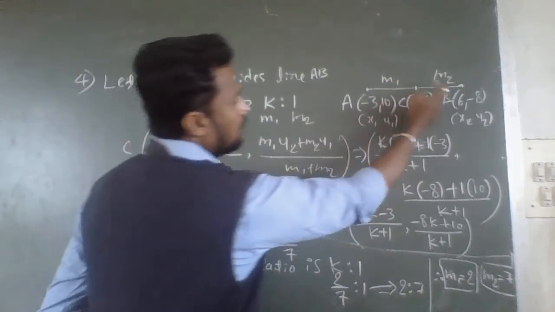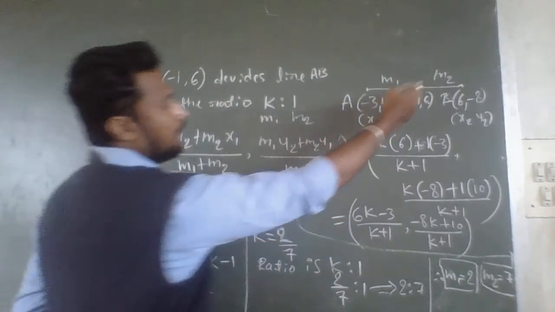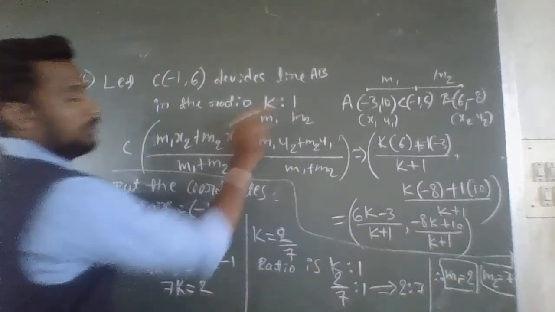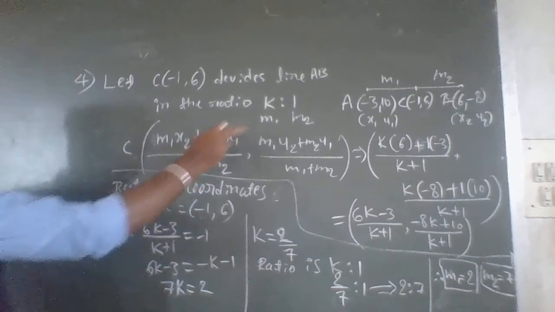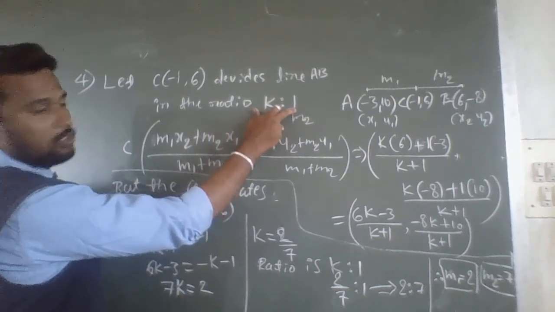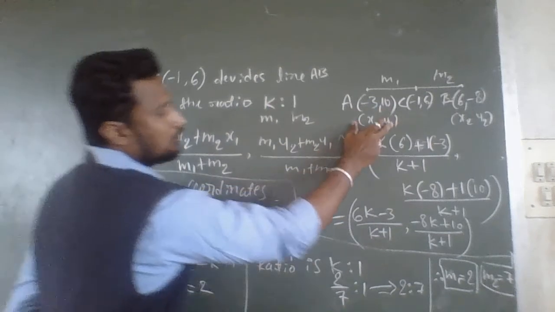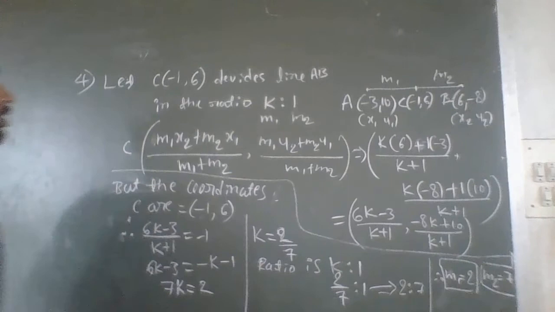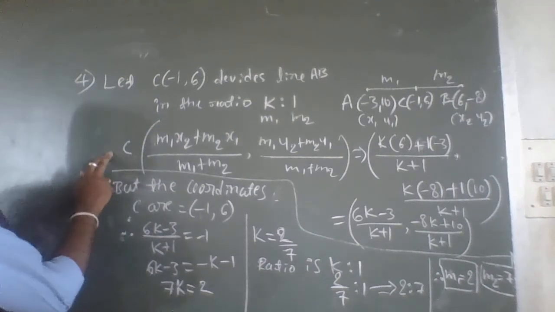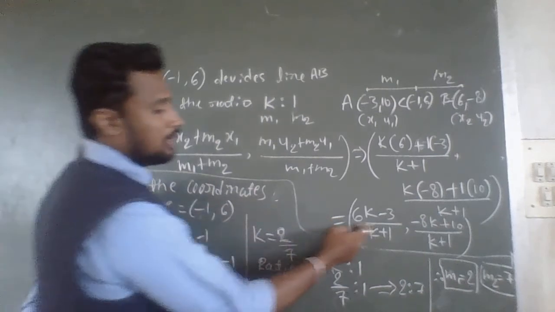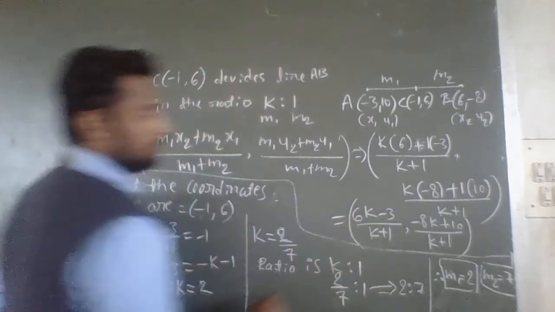We assume k is to 1, meaning m1 value is k and m2 value is 1. By using this, we have x1, y1 values and x2, y2 values. So now by the section formula, we got the x and y coordinate values here.